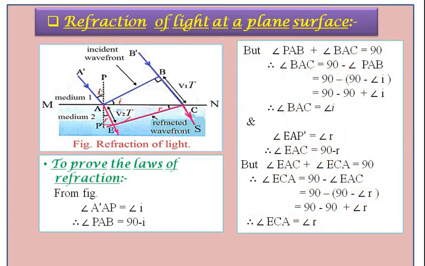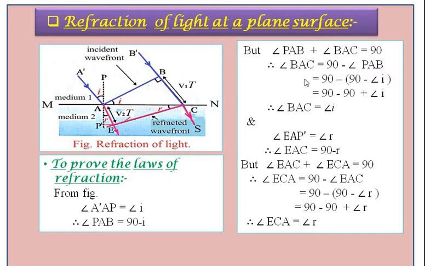But here angle PAB plus angle BAC is equal to 90 degrees because PA is perpendicular to AC. So this angle is also 90 degrees. Therefore, angle BAC is equal to 90 minus angle PAB.